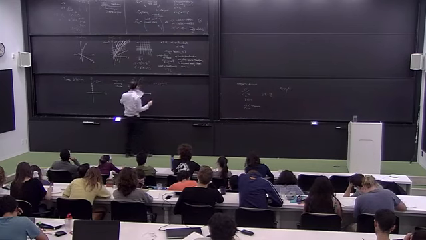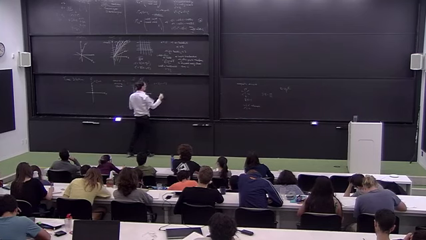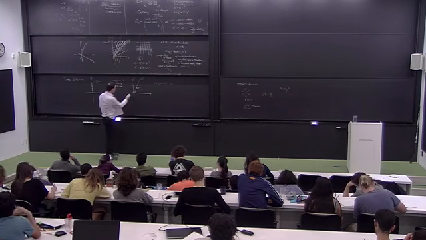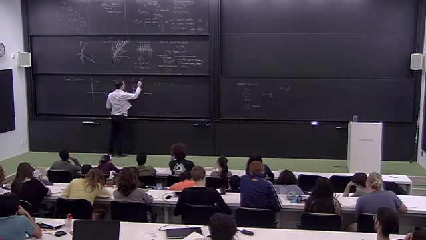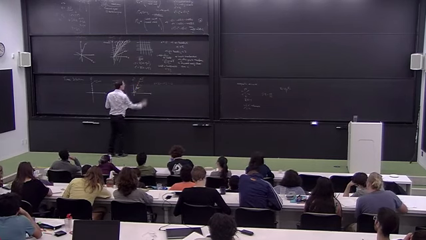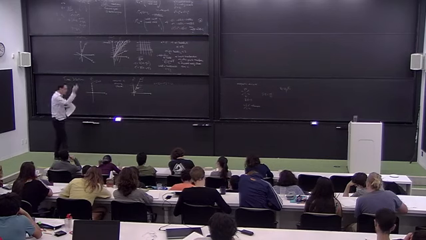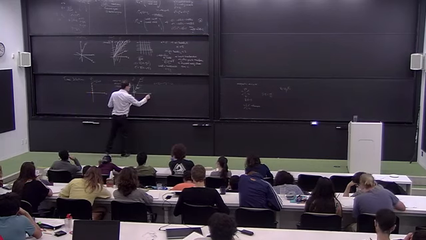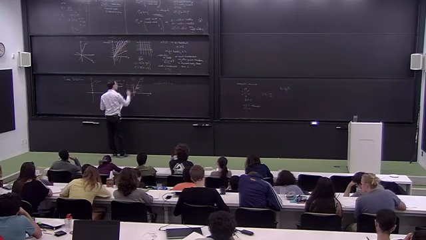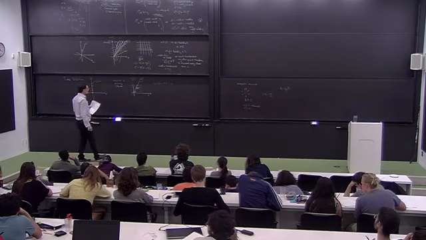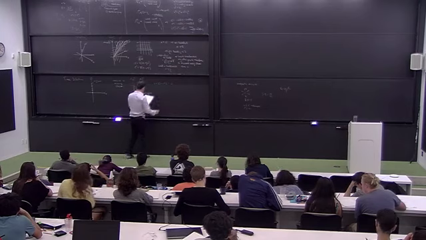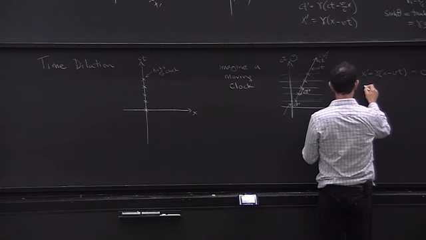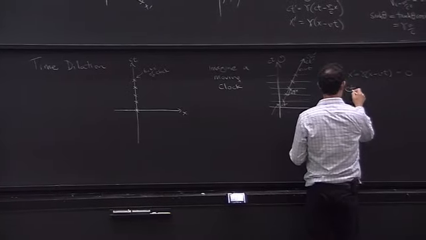The coordinate of the tick of the clock is x prime equals 0, which is just saying this line is x equals Vt. The ct prime axis is just the line x equals Vt.